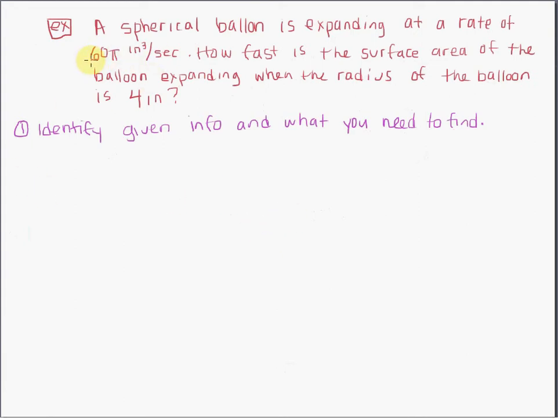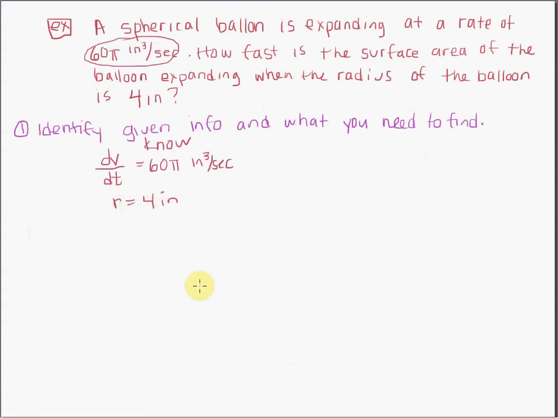Okay, so the given information is that you have this rate of 60 pi inches cubed per second. This is a volume measurement, so we know that the rate that the volume is changing with respect to time, dV/dt, is equal to 60 pi inches cubed per second. We also want to find this when r equals 4 inches.